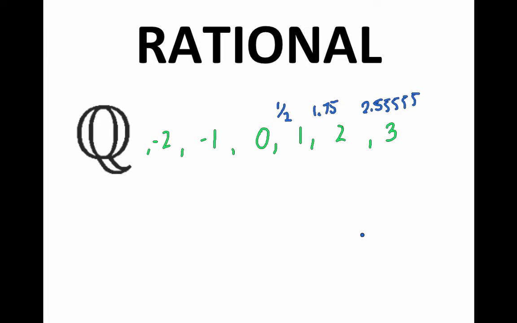So rational numbers are any numbers that can be put into a fraction or have repeating decimals or terminating decimals. And what I mean by terminating is the decimals end.